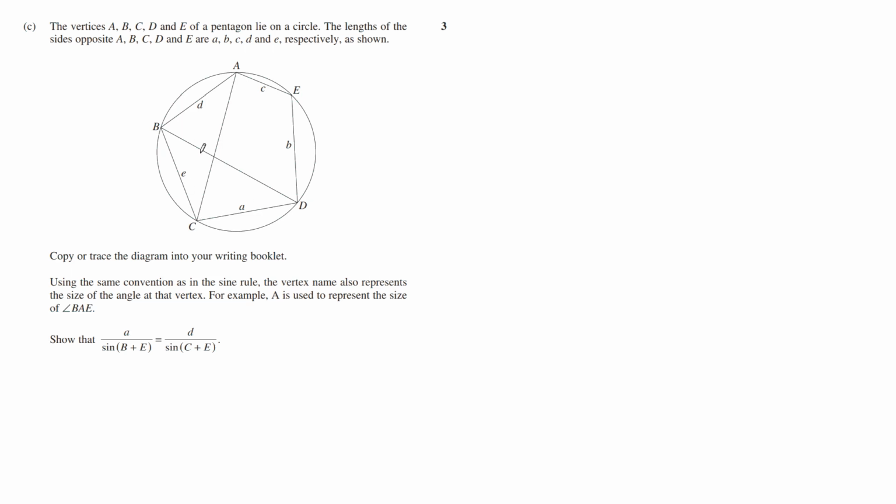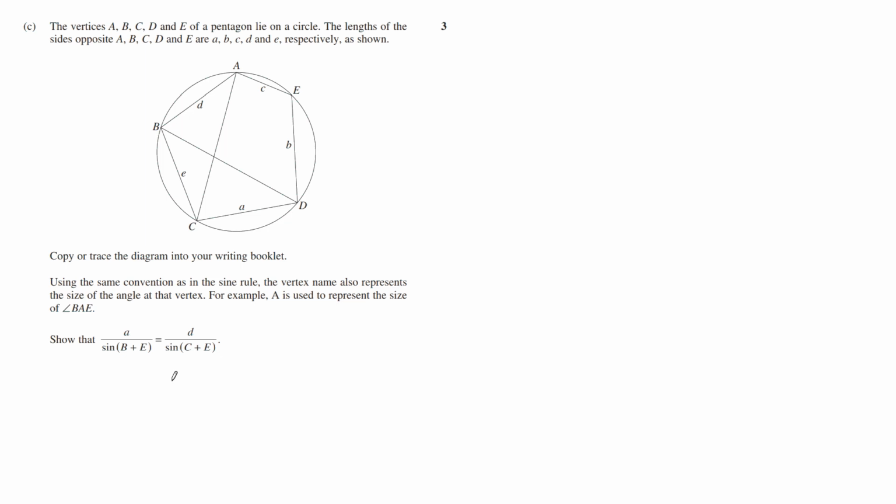It's going to be A on sine this angle equals E on sine this angle. And in this triangle you've got D on sine of this angle is E on sine of this angle. And then how do we use that? And where is the B plus E going to come from? That's sort of the main mystery in this, I think.